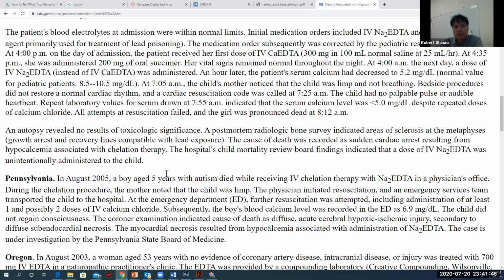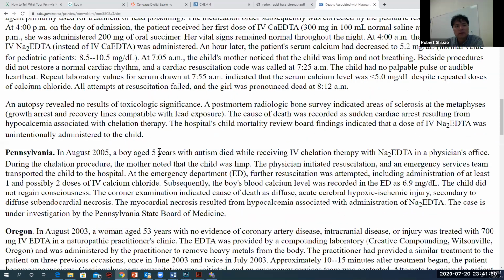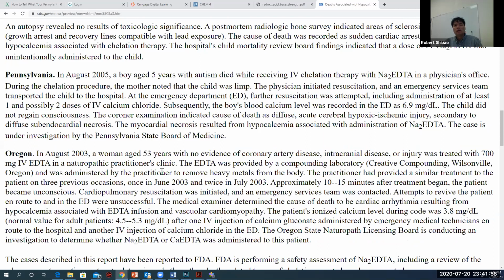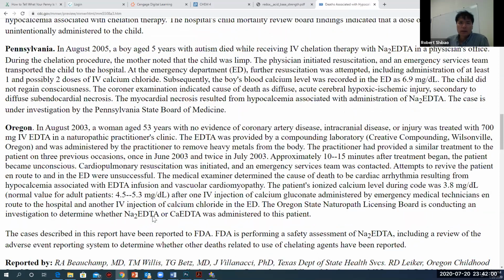To somebody who knows a little bit about solubility and this kind of stuff, it's obvious sodium EDTA is going to be much more aggressive than calcium EDTA. But to other people who aren't really keenly aware of differences, charges, it looks the same.